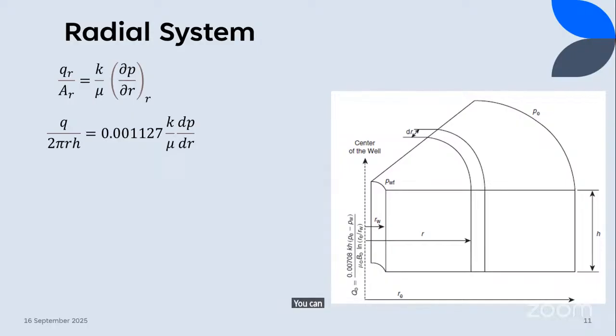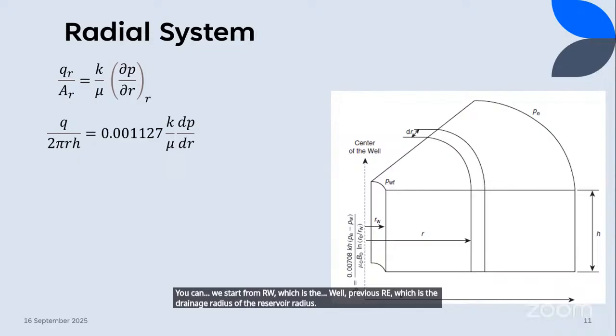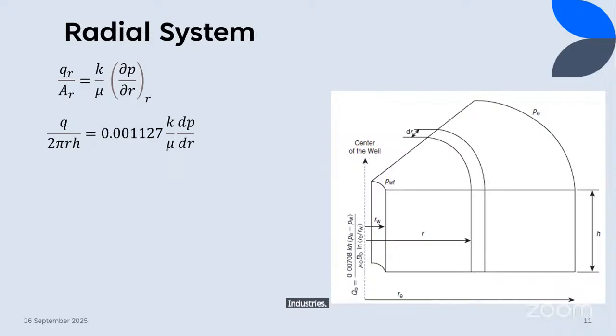We start from rw, which is the well radius, to re, which is the drainage radius, or the reservoir radius in this case. After some modifications to this constant, we can convert all these units to field units.